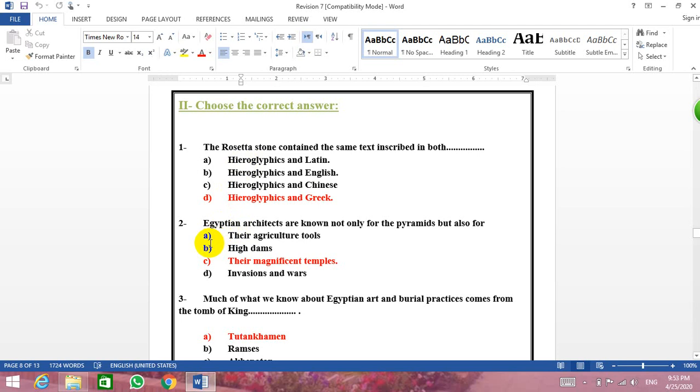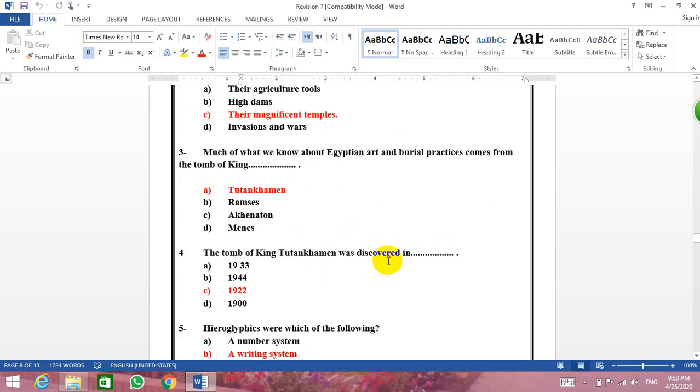Number 2. Egyptian architects are known not only for the pyramids but also for their magnificent temples. Option C is the correct answer.